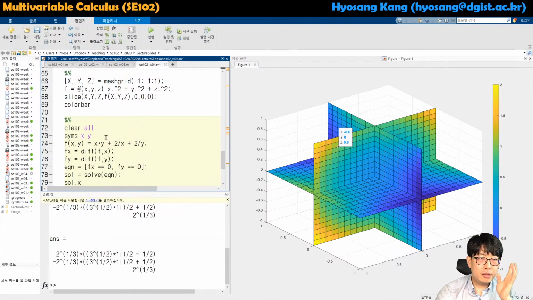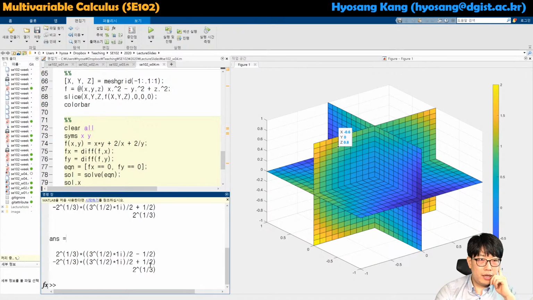Okay, so maybe the problem arises because I use f as a name for this kind of function, but I also used it as another function. So I cleared every variable that was stored previously. Clear all does that, or you can do clear f. Okay, that's kind of complicated.